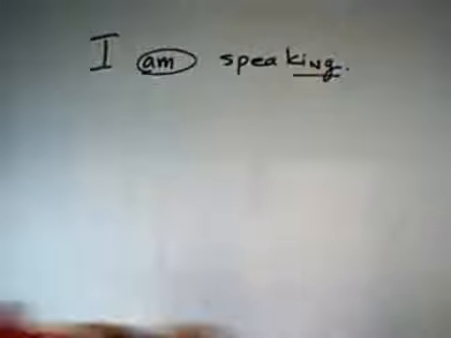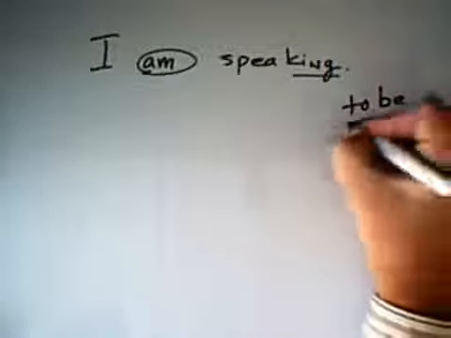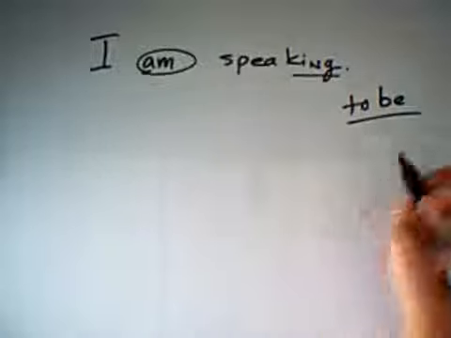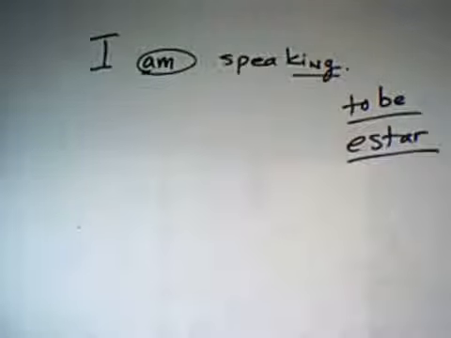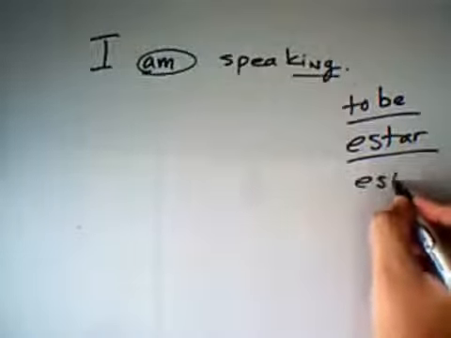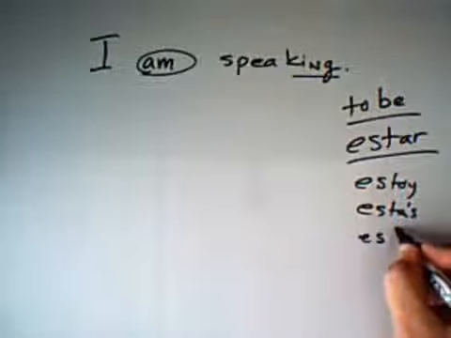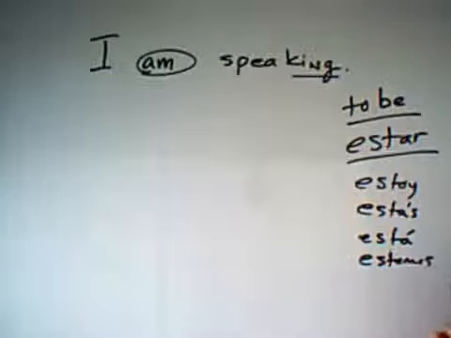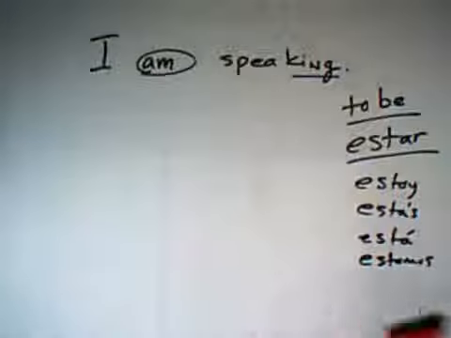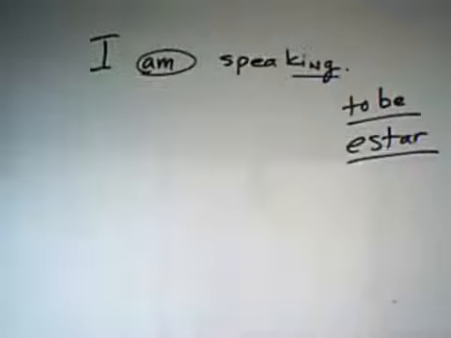So, I am speaking. The equivalent of the verb to be that we're going to use in Spanish to form these compound tenses is estar. Okay, so you need to remember how to conjugate estar, right? We have yo estoy, tú estás, él or ella está, estamos, etc. And keep in mind that these compound tenses can use the present form of estar, or a past form of estar, or even a future form of estar.